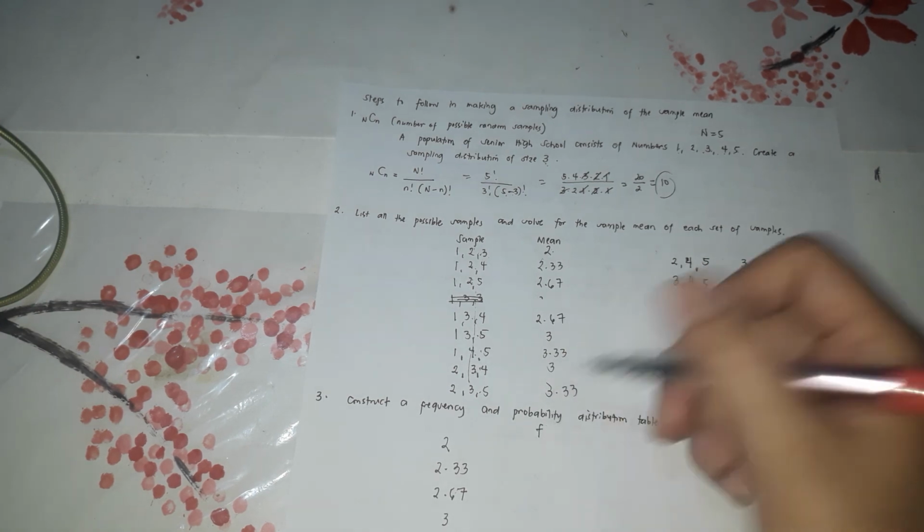Next is the frequency. How many 2s? 1. 2.33 is also 1. 2.67 is 2. 3 is 2. 3.33 is 2. 3.67 is 1. 4 is 1. So the total should be 10.